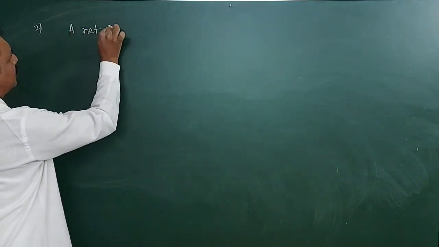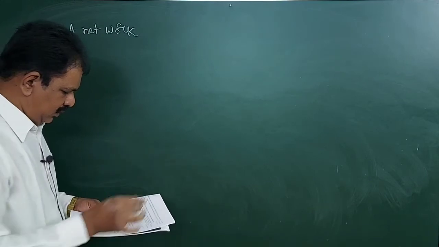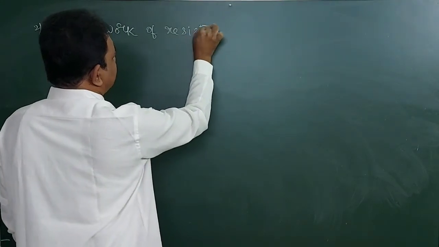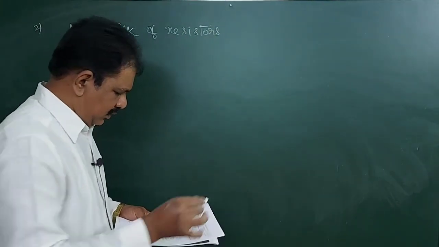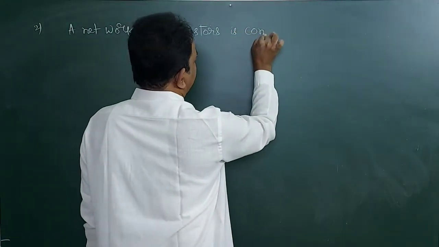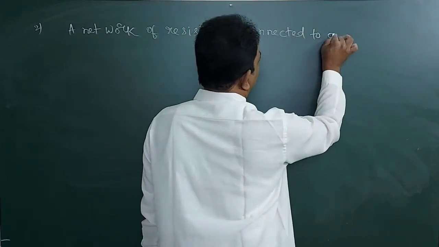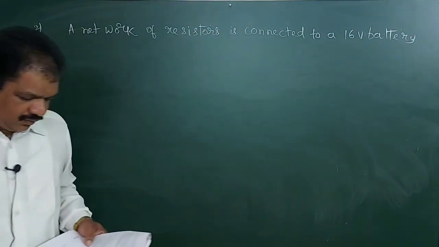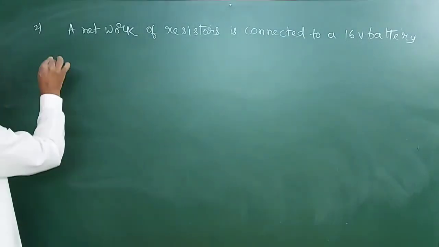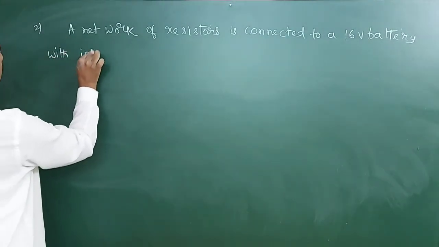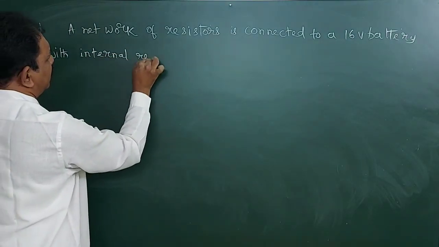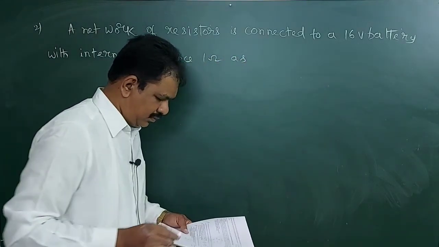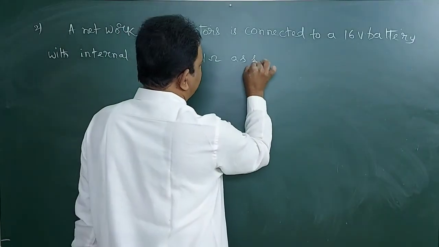A network of resistors is connected to a 16 volt battery with internal resistance 1 ohm, as shown in the figure.